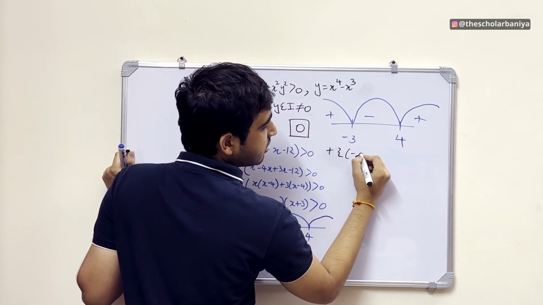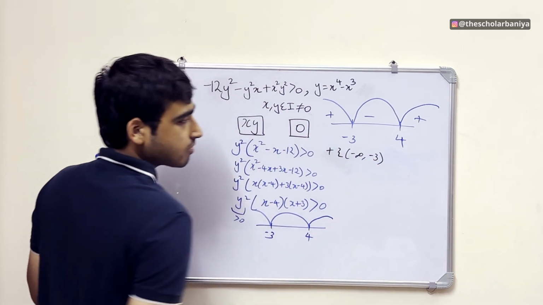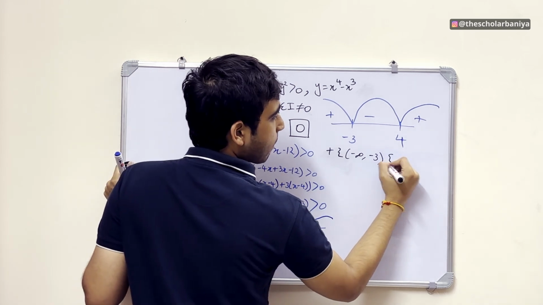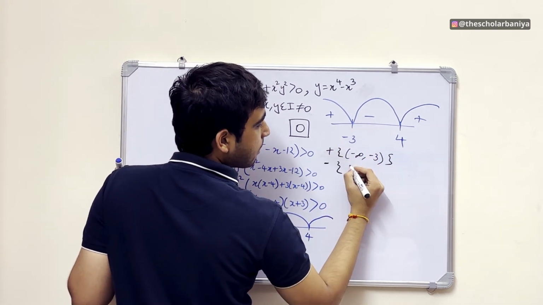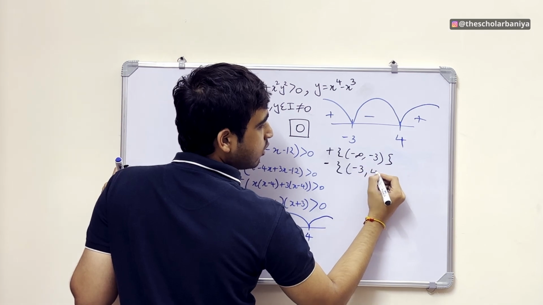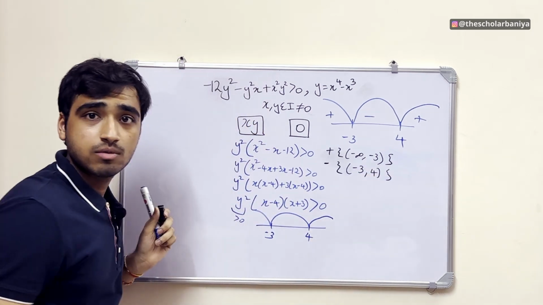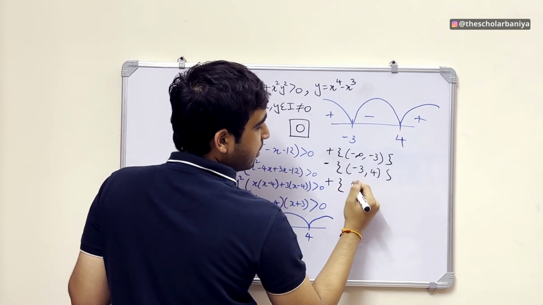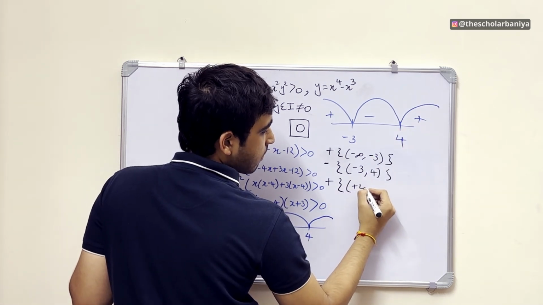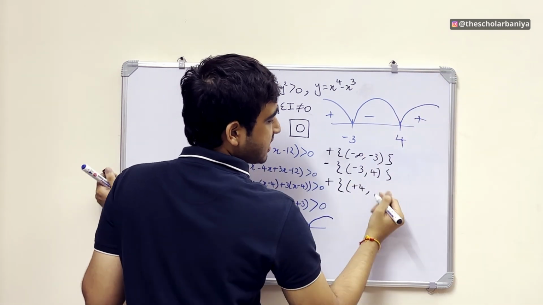The negative one is from minus 3 to 4, okay? And the plus one again is from 4 to plus infinity.